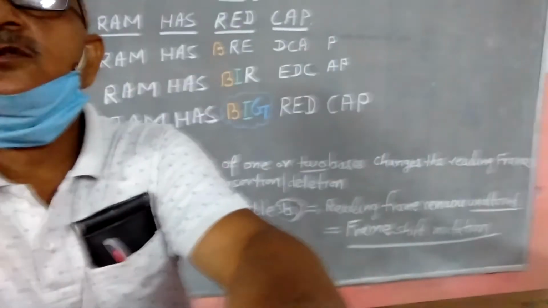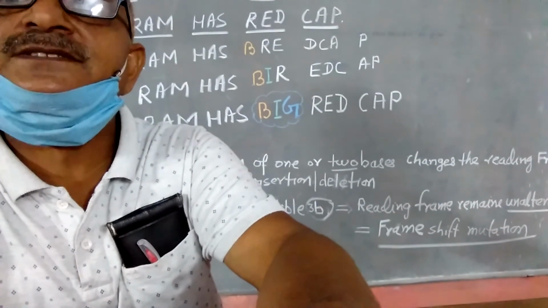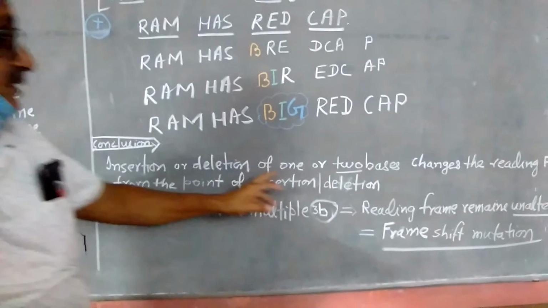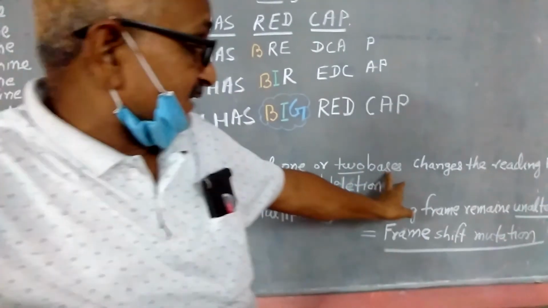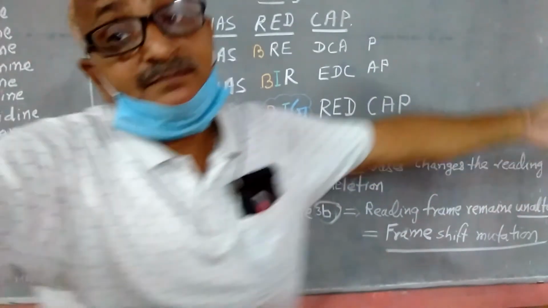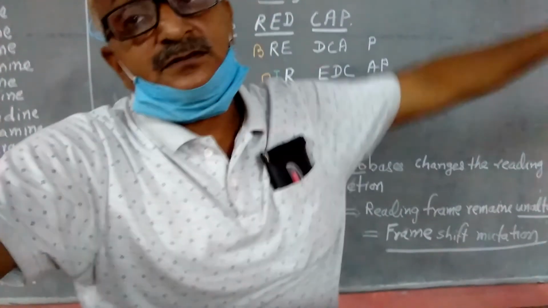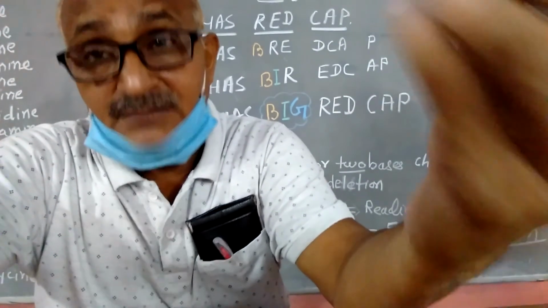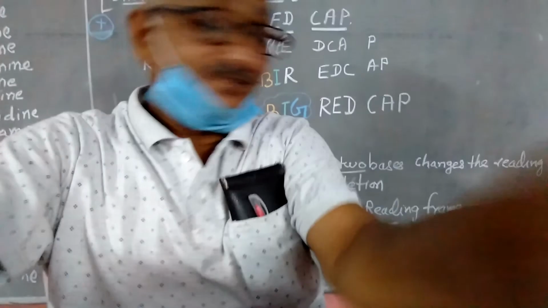So in frame shift mutation, insertion or deletion of 1 or 2 bases changes the reading frame. The entire reading frame becomes futile or meaningless. Mutation is a cause of cancer, as meaningless cells are produced.